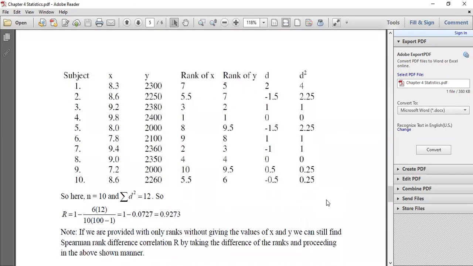Then you can interpret this. So any question up to that point? Any question?